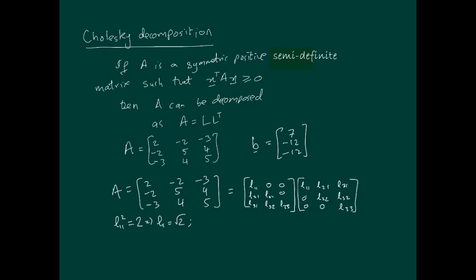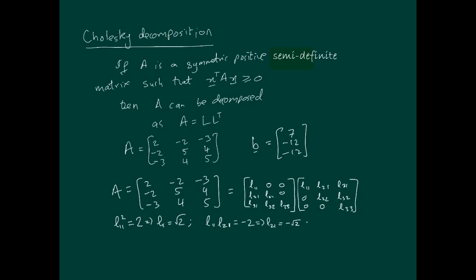The next element here would be L11 L21, and that should be equal to the second element, which is -2. And we already have L11. This implies that L21 is equal to -√2, because when you divide across, it'll just work out quite simply.